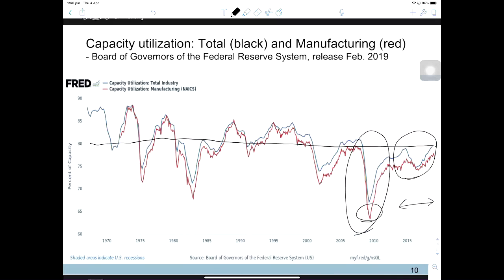So at this stage, it's more likely you're going to experience robust equity market return in the next few years. But there are uncertainties, like what happened during this period.